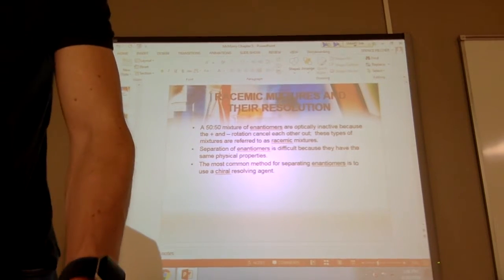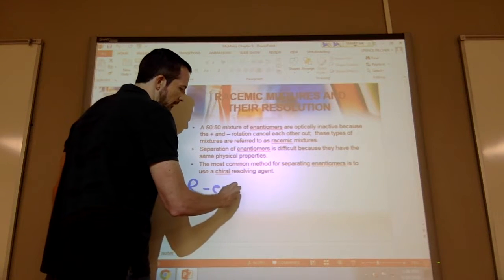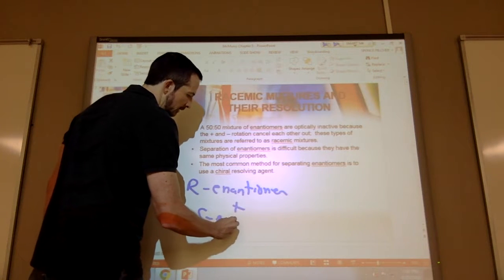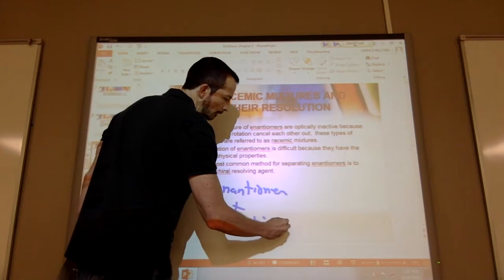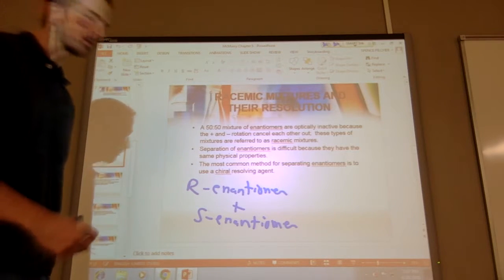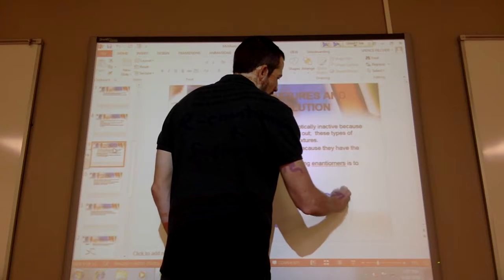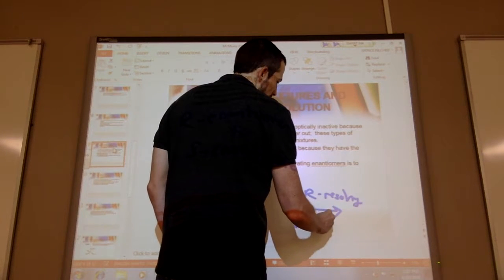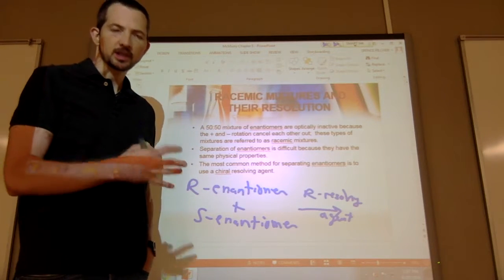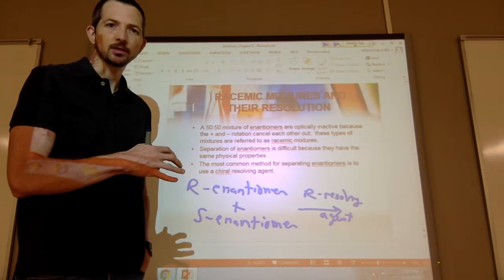So let's look at an example of that. So say I have a mixture of enantiomers. I have my R enantiomer. That's my S enantiomer. They're mixed together. I react that with what's known as a chiral resolving agent. So it's some kind of a compound that reacts with each of my enantiomers, but it's chiral itself.